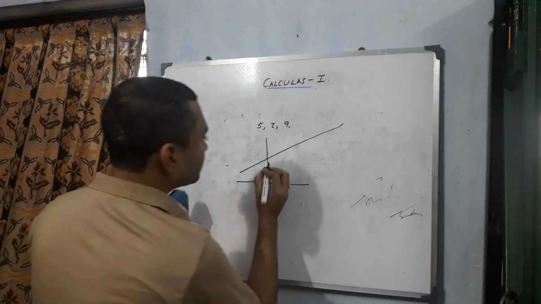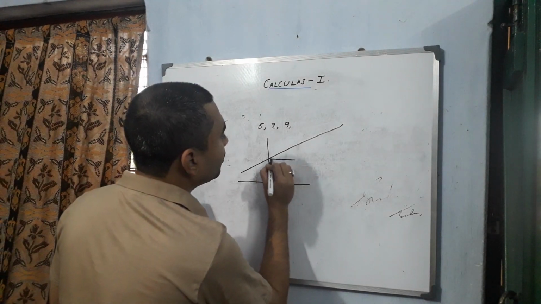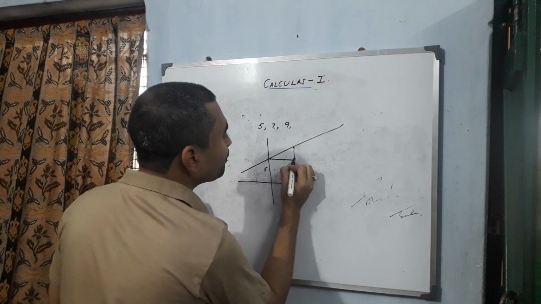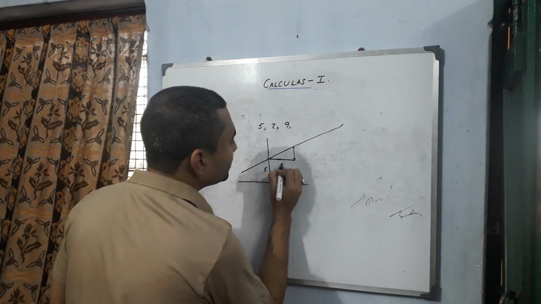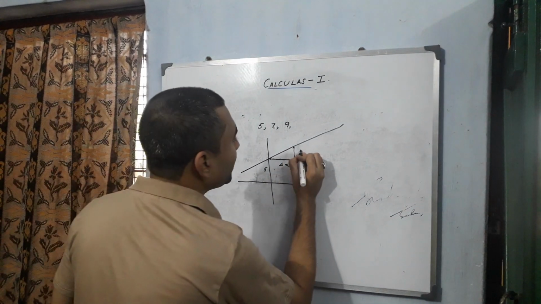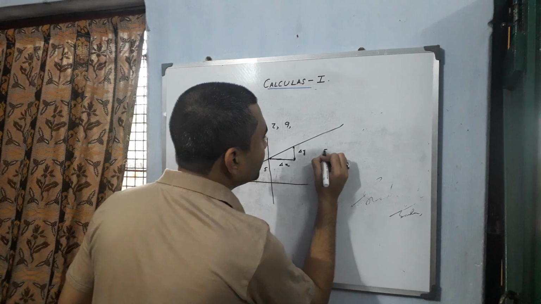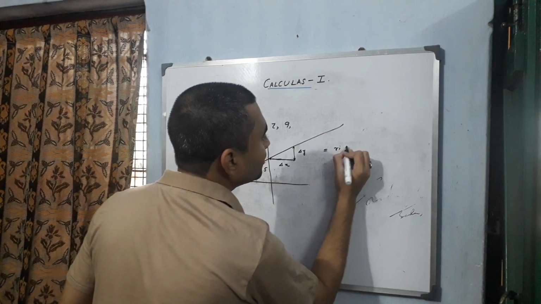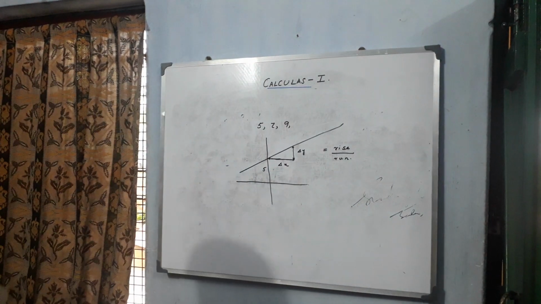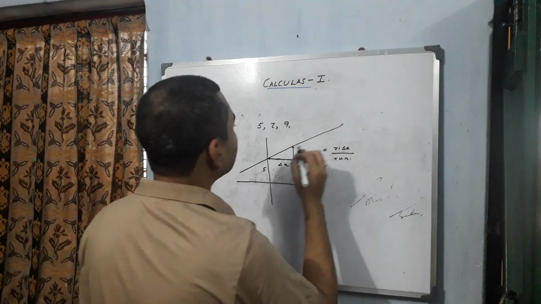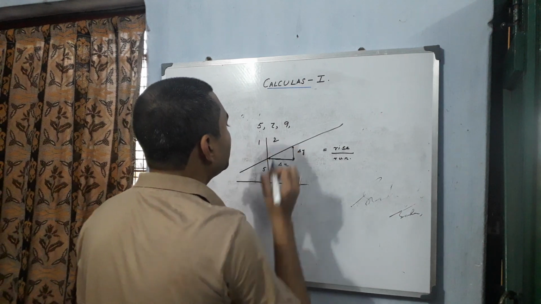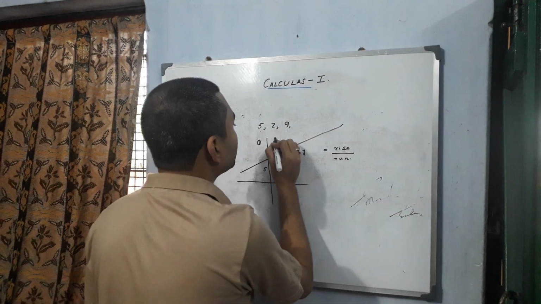Now here the rate of change is change of y by change of x, which we sometimes call del y by del x. It's constant. Sometimes it is written as rise versus run. We can just take 2 points, this is 0, this is 1.